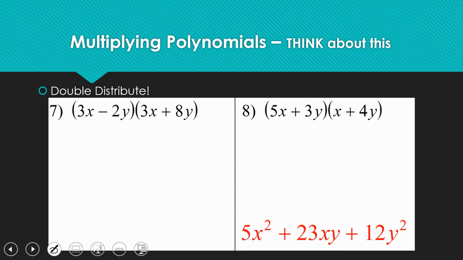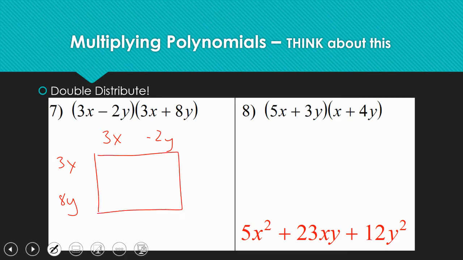The first one I'm going to set up and do this. So 9x squared minus 6xy, 24xy, negative 16y squared.